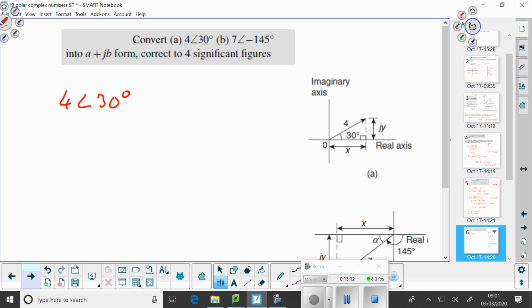How can I find the real part, X? I'm going to convert that to rectangular. So how can I find X?